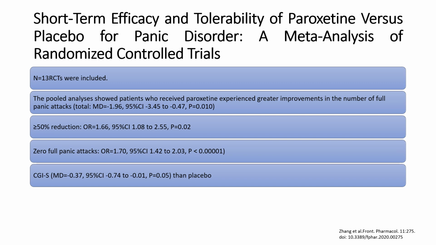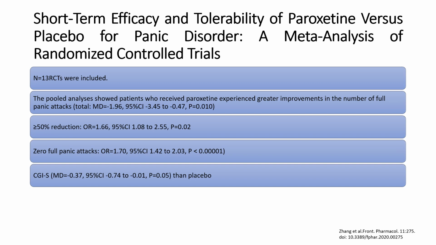Short-term efficacy and tolerability of paroxetine when compared to placebo for panic disorder: a meta-analysis of RCTs was done. A total of 13 RCTs were included. The pooled analysis showed that patients receiving paroxetine experienced greater improvement in the number of full panic attacks. More than 50% reduction was there in full panic attacks.